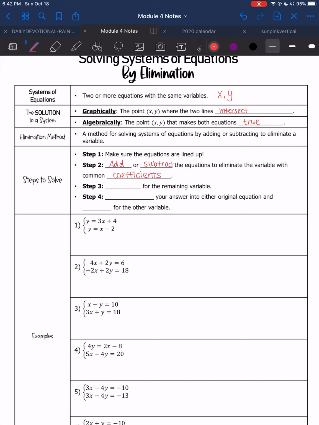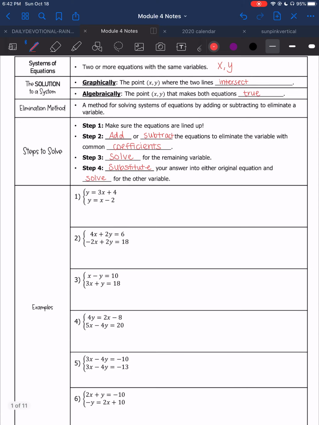Step 3, you're going to solve for the remaining variable, either x or y, and then you're going to substitute your answer, so whatever value you get for that variable, into either original equation and then solve for the other variable.